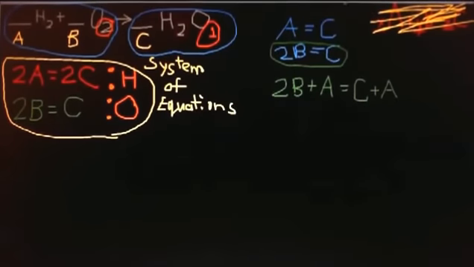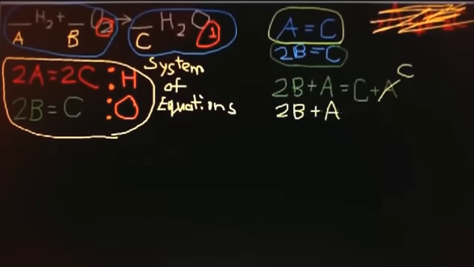So in this case, now we need to substitute using this equation. So if A equals C, then we can substitute the A in for C, and then we get 2b plus A equals 2C.